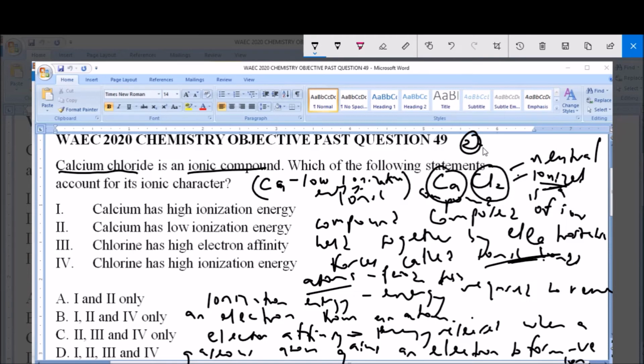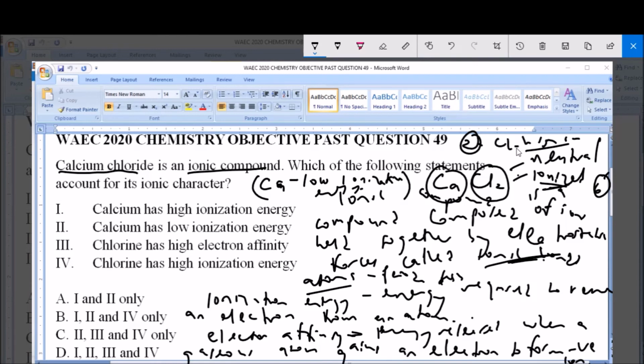But chlorine, on the other hand, has high ionization energy. It has 7 valence electrons, so you would require more energy to remove those valence electrons. So talking about electron affinity, chlorine has high electron affinity as it deals with gains of electrons.